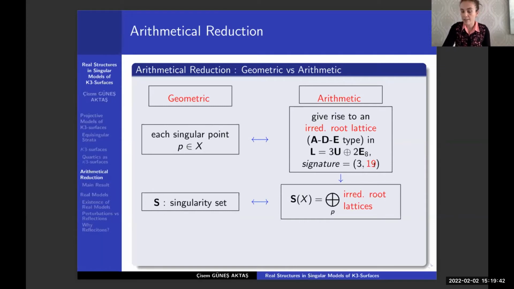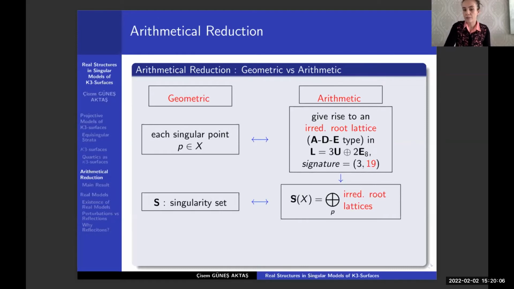Here I emphasize the number 19 for some reason, we will understand soon. And here S is the singularity set, meaning that on my surface X, I have many singularity points. So this is the sum of all singularity points as a set. And in the arithmetical side, this is the corresponding part.